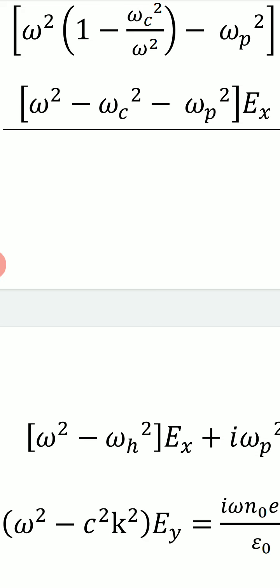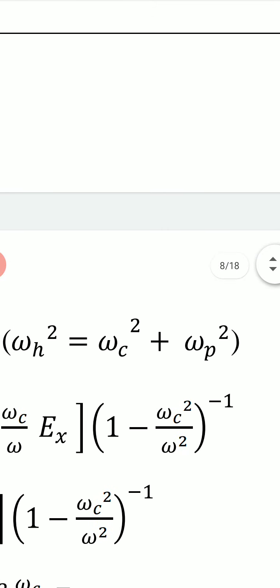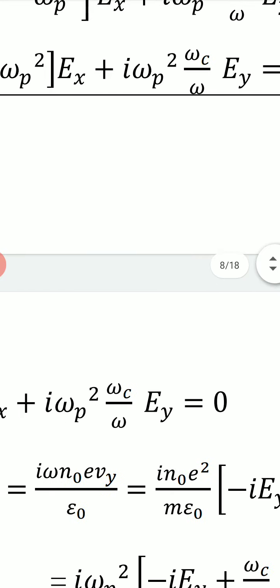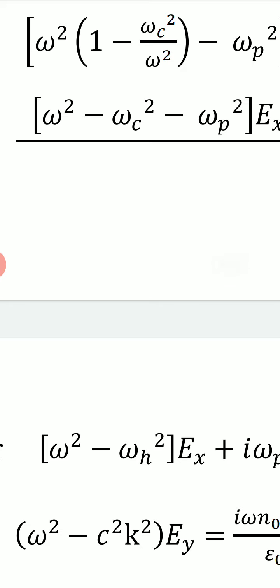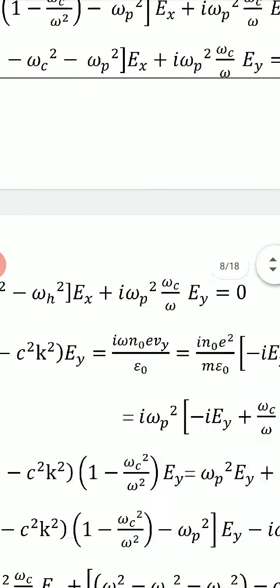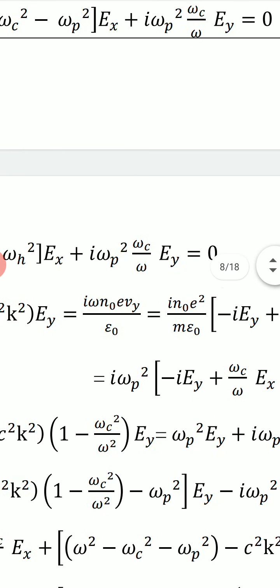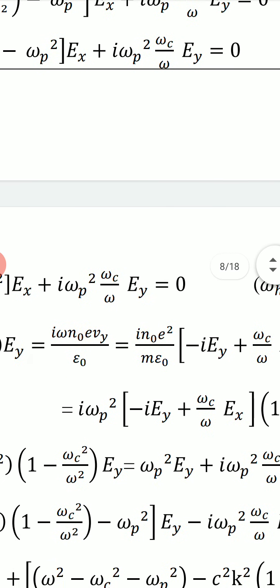So the term inside the bracket we write as omega square minus omega h square, where we assume omega h square as omega c square plus omega p square. So the first term in the bracket will be omega square minus omega h square, and then Ex, and the second term is i omega p square omega c upon omega Ey equal to 0.